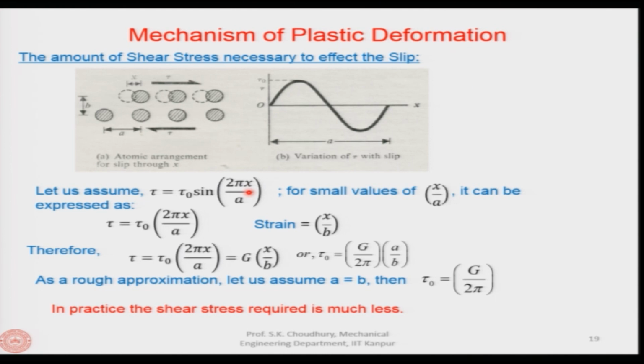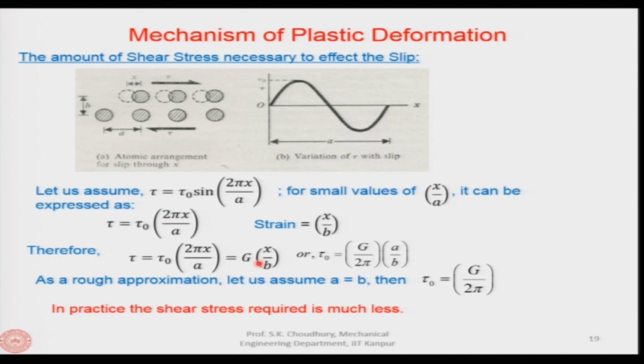Therefore, the stress tau which is applied is equal to tau 0 into 2 pi x by a, because we have assumed that sine of 2 pi x by a is equal to 2 pi x by a.